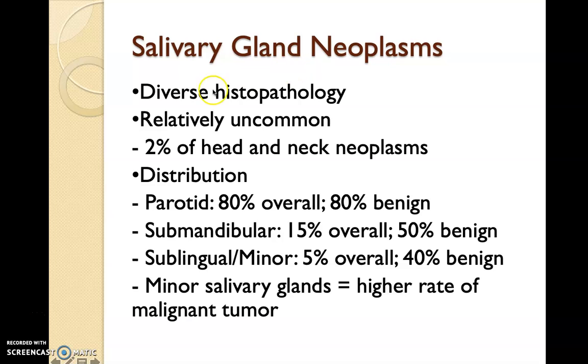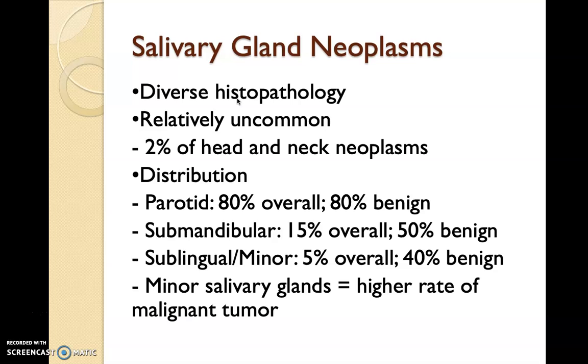So salivary gland neoplasm has diverse histopathology because, you know, in the salivary gland there are so many cells. You have mucus acini, you have serous acini, you have the myoepithelial, you have the epithelial, so it has diverse histopathology. It's quite uncommon, 2% of the head and neck neoplasm, because the most common one is squamous cell carcinoma.